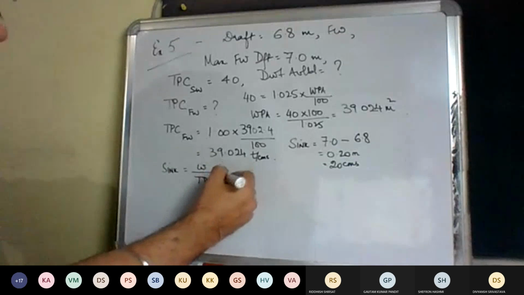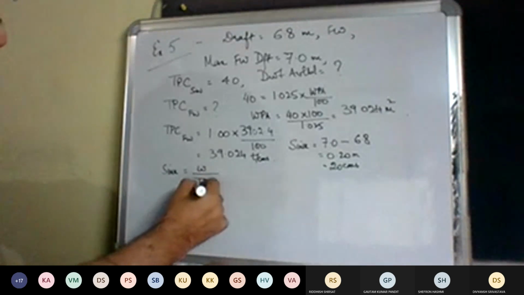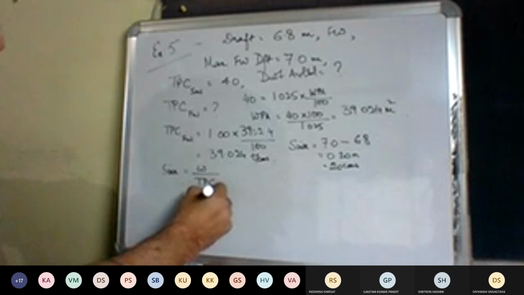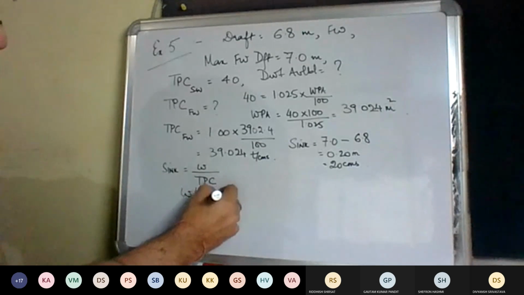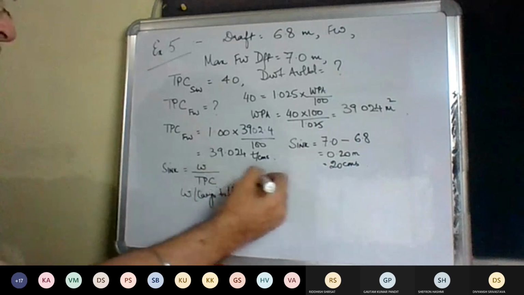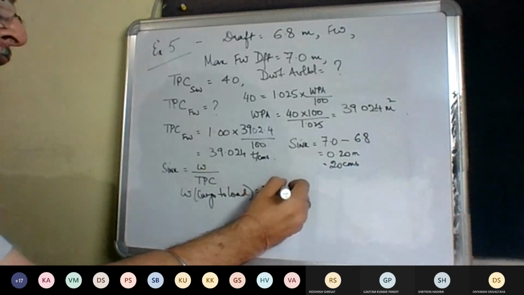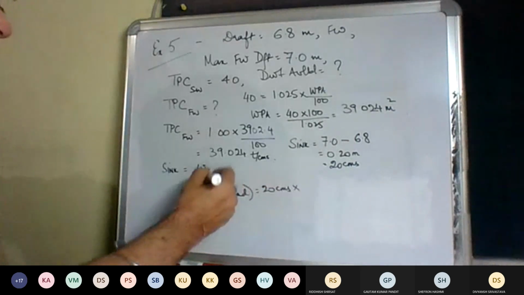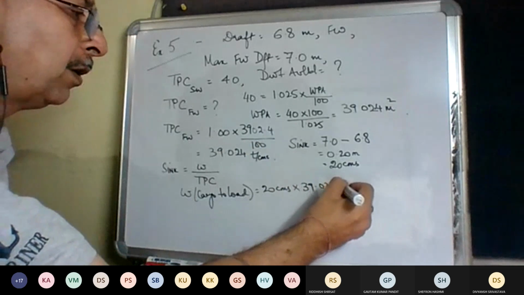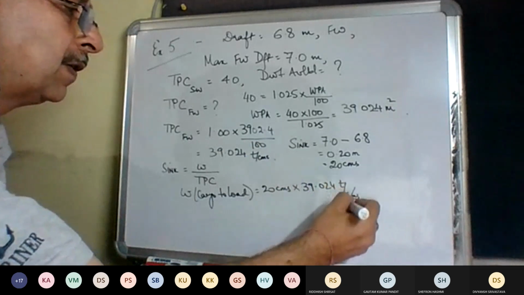Therefore small w, which is my cargo to load, is equal to sinkage 20 centimeters multiplied by TPC 39.024 tons per centimeter.